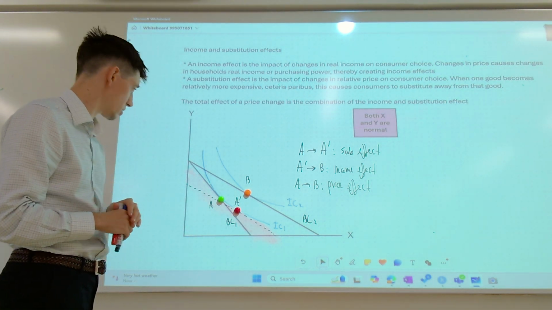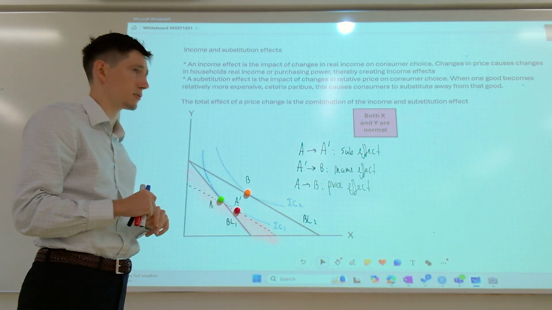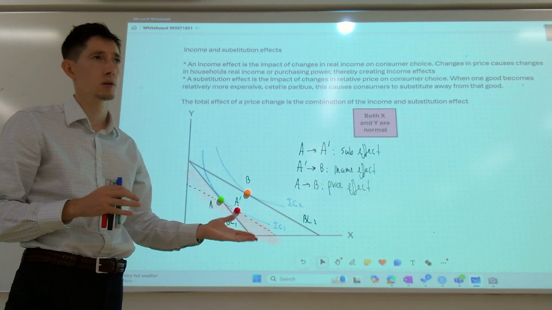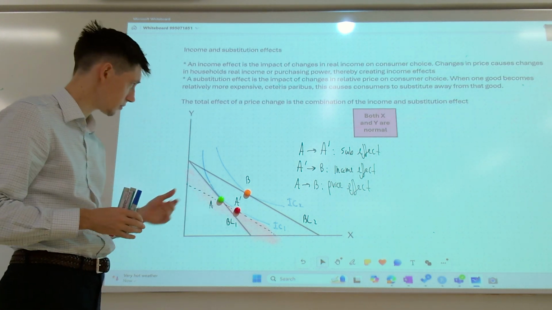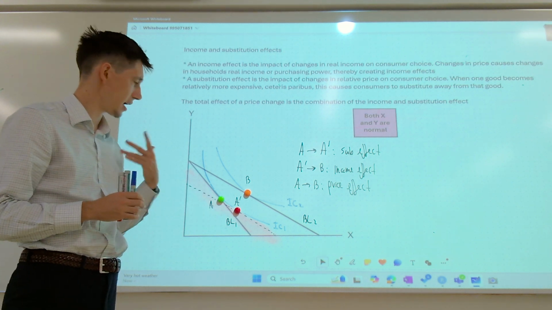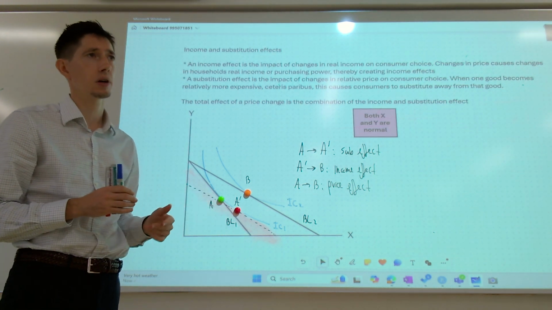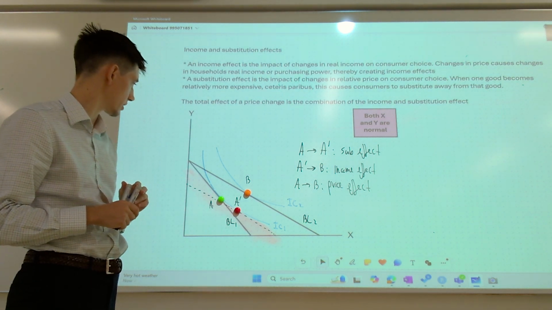The substitution effect on good X is positive, right? When the price of X goes down, you substitute towards X because it's relatively cheaper. But of course, the substitution effect on Y is negative because X becoming relatively cheaper is the same thing as Y becoming relatively more expensive.